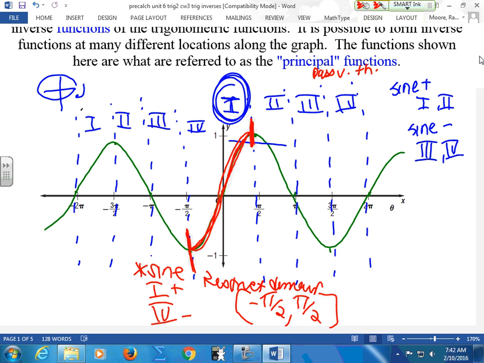So if I give you a unit circle, sine is positive up here, sine is negative down here, under a restricted domain. So do you see what happened when we did this restriction? We no longer have 2 quadrants of positive sine. We only have 1 quadrant of positive sine. So you got your calculator handy? Now we know the sine of 30 is 1/2, right?